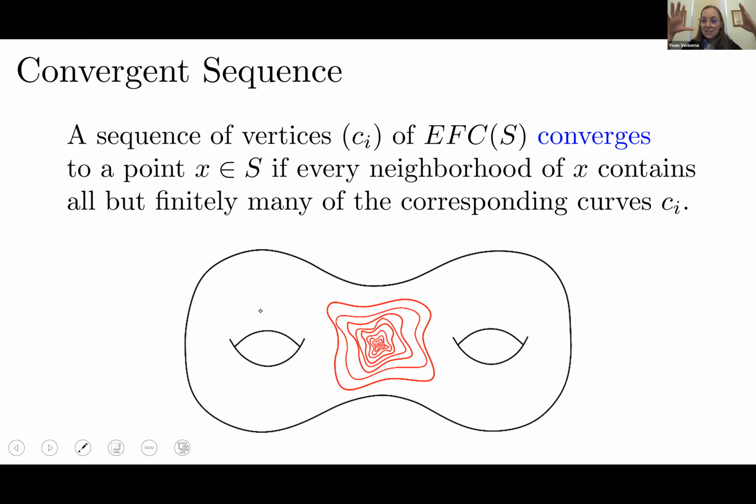What this means is that you essentially have a collection of curves on the surface which are converging down to a point. It's essentially like a target board, which is leading us to a point on the surface. What Farb-Margalit did was they found a way to encode these convergent sequences on a surface into information about the extended fine curve graph.